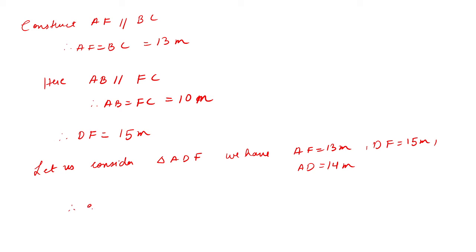Therefore, I can write this as A is 13 meter, B is going to be 15 meter, and C is going to be 14 meter. Therefore let's find out S. S is going to be A plus B plus C by 2.